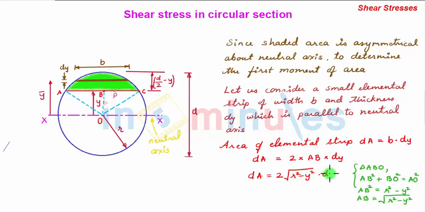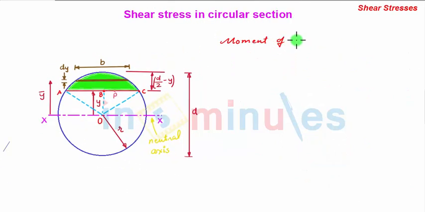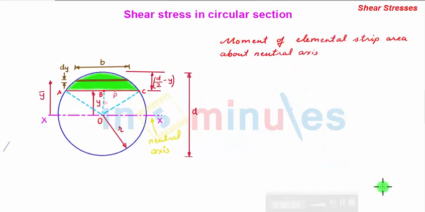Now the moment of this elemental strip area about the neutral axis, if we consider this elemental strip at the same layer at which we have to determine the shear stress, will be given as y into dA. This is by considering this small elemental area on or above this layer.